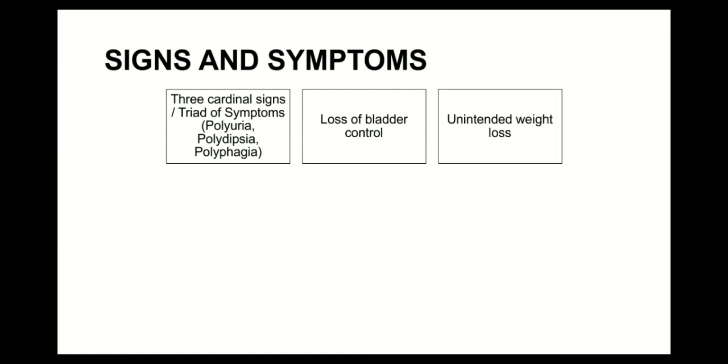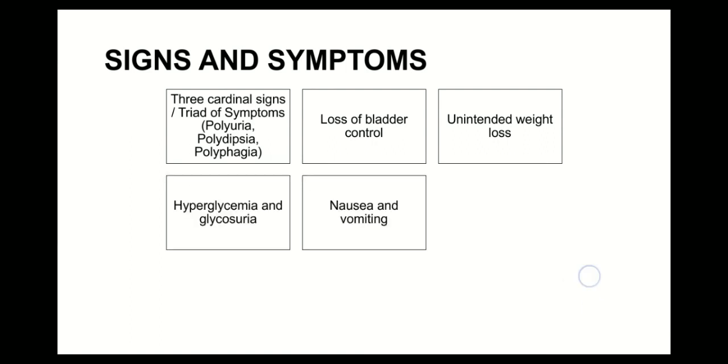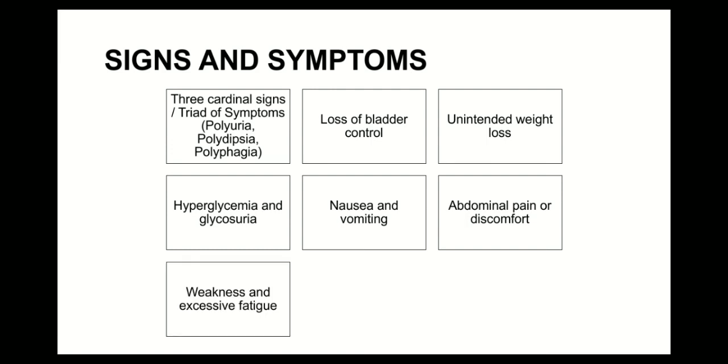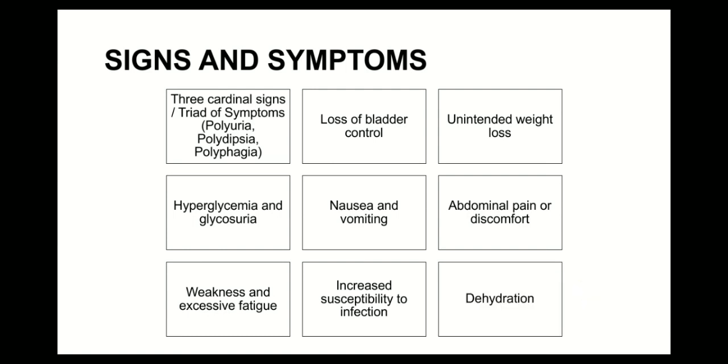Also, there may be unintended weight loss because the body will use the fat and protein in the child's body instead of glucose. Also, there is hyperglycemia and glycosuria, nausea and vomiting, abdominal pain or discomfort, weakness and excessive fatigue, increased susceptibility to infection, and signs of dehydration from excessive fluid loss.